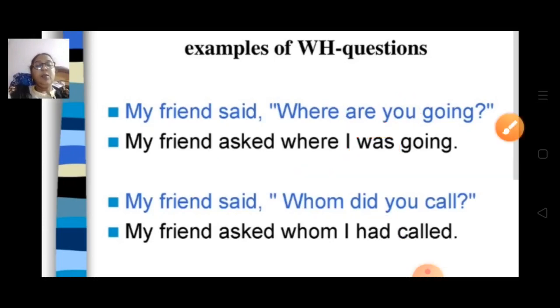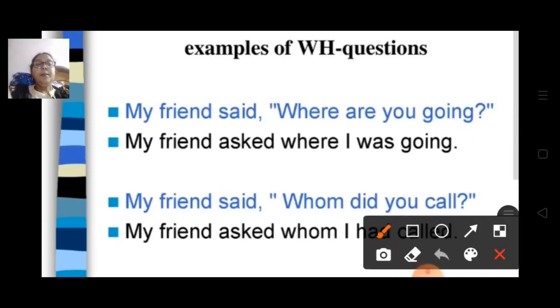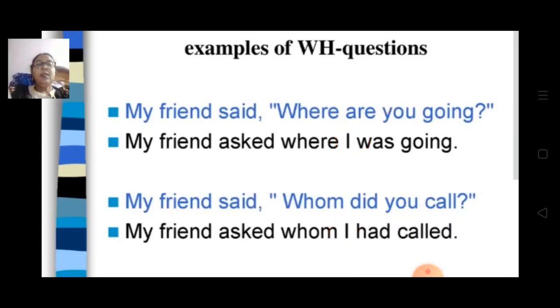And now you can see the next example. My friend said, "Whom did you call?" Because it is already written in the past tense, my friend asked whom I had called. So the pronoun becomes I over here, same here. And because it is written in the past tense, it will become past perfect tense. So according to the rule, we have to change.